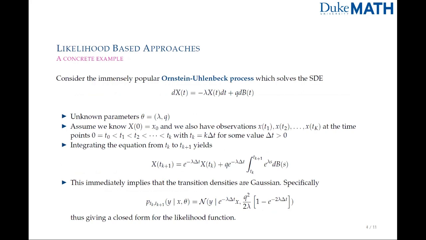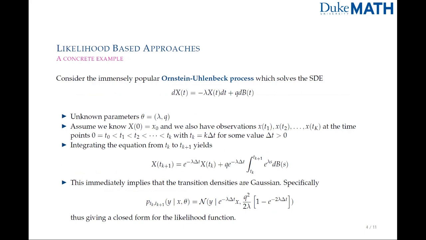So an immensely popular SDE, as I mentioned earlier, is the Ornstein-Uhlenbeck process. And this is the process. It has two unknown parameters. Suppose we assume that it is observed at equally spaced time points t1, t2, till tk.